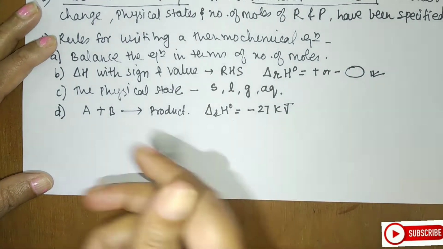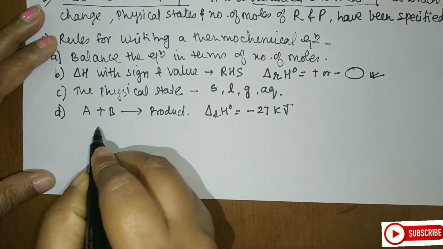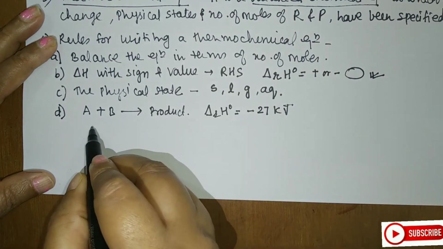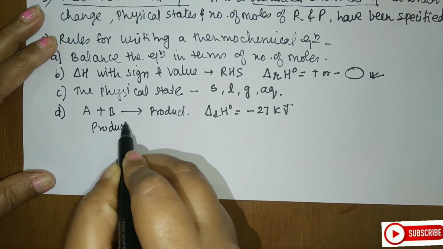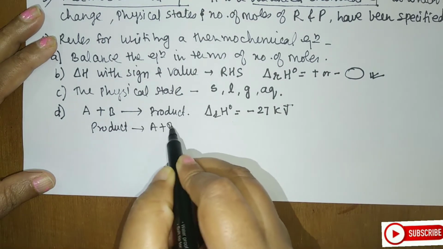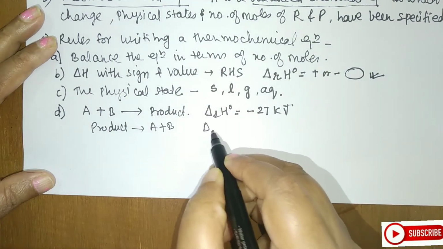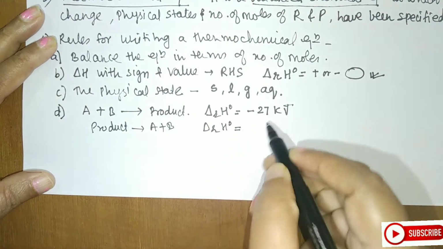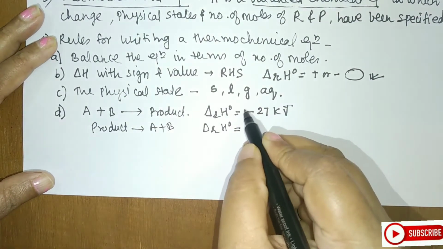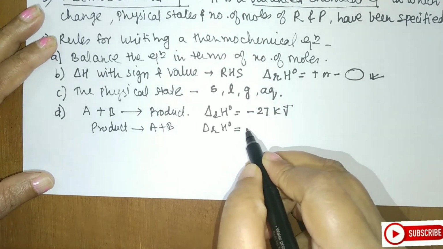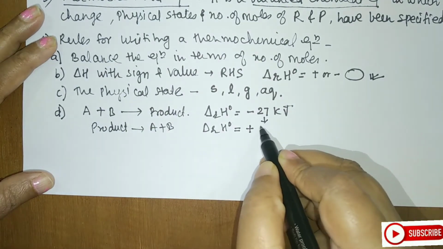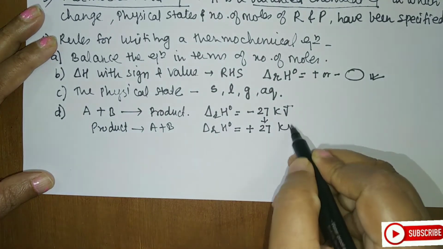Now students, if I reverse the reaction, that is the product decomposes to give A and B, then in that case the enthalpy change will have the opposite sign. The sign will only get reversed while the magnitude, that is this value, will remain the same.